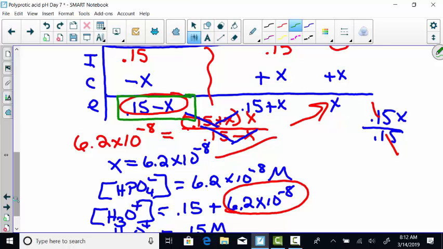And again, you're subtracting a really small number, so that concentration does not change again.